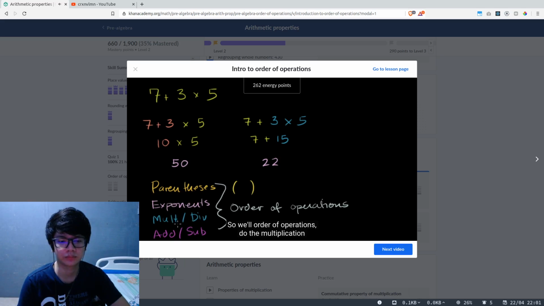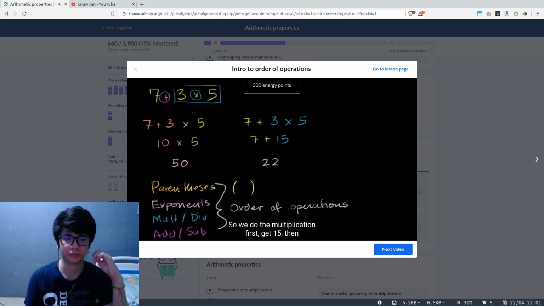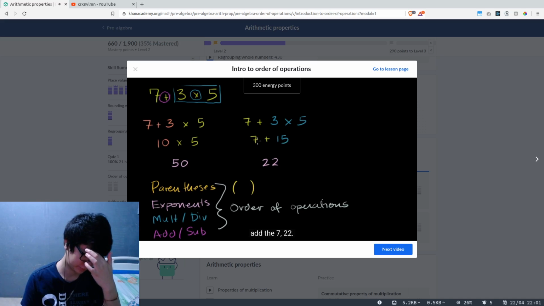The order of operations says to do the multiplication first. It gets priority over addition or subtraction. So if we do this first, we get 3 times 5, which is 15. And then we just have addition, so we add the 7. We do the multiplication first, get 15, then add the 7.